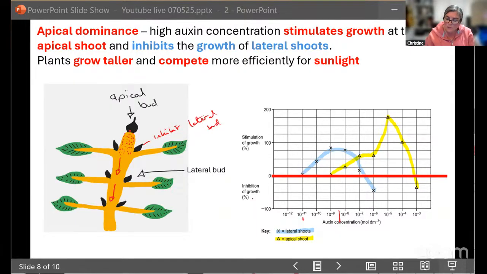Whereas if the concentration of auxin gets too high from this point onwards, you can quite clearly see past this point here, we are now inhibiting that lateral shoot growth. And therefore, that is where apical dominance is being shown in that graph. So I hope that helps on the apical dominance side of things.